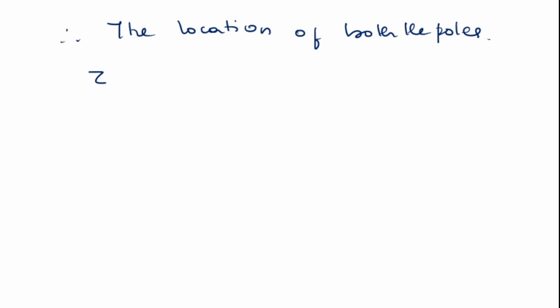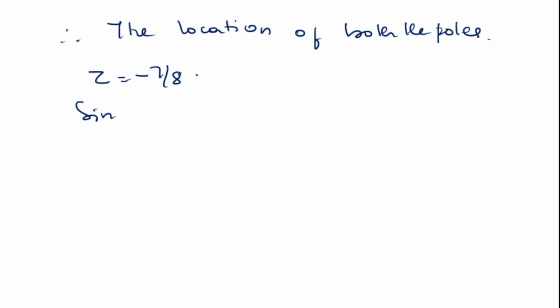Therefore, the location of both the poles is z is equal to minus 7 by 8.